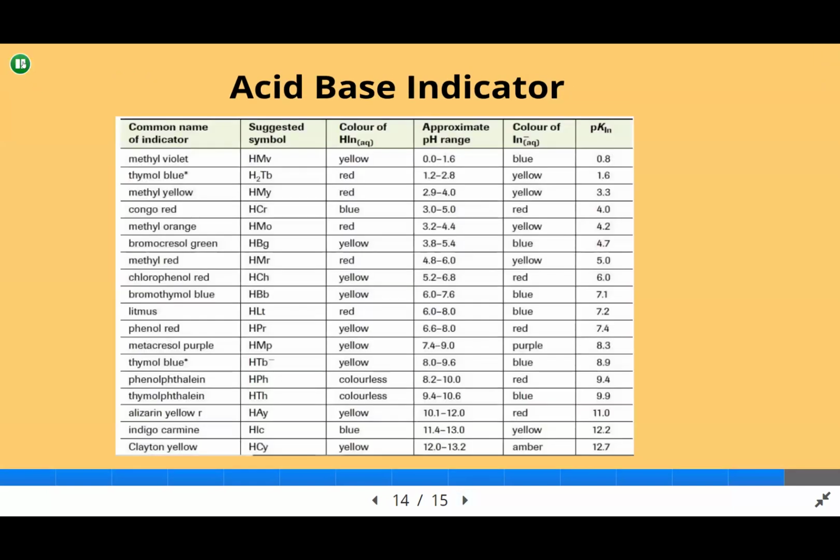And here we have an acid-base indicator table. So different indicators have different acid strength, and the acidity or pH of the solution at which an indicator changes color will vary. So these pH values have been measured and are reported in this table right here. So you can see the common name of the indicator and the approximate pH range that it changes.